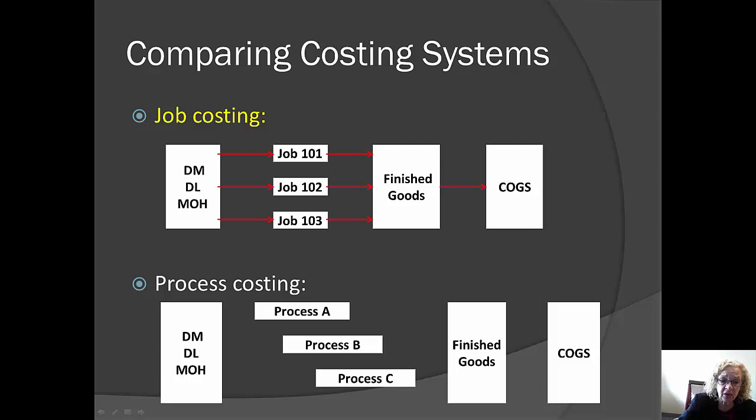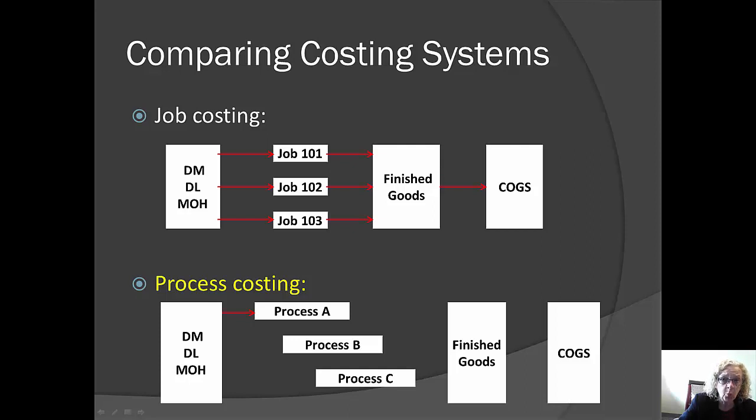Process costing is a little different because a firm that chooses process costing believes that all of its units flow through the same set of basic processes.